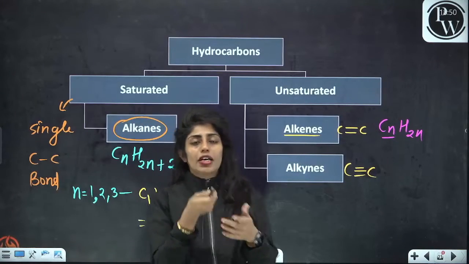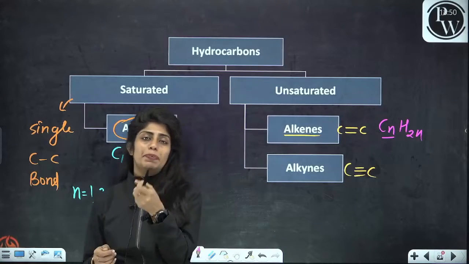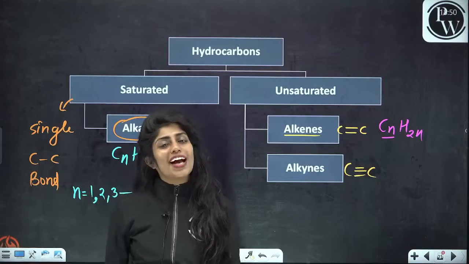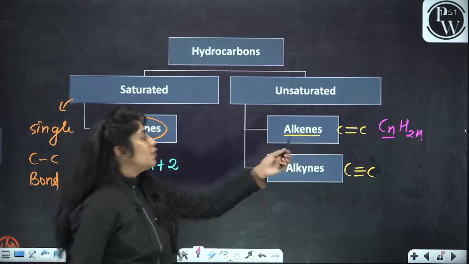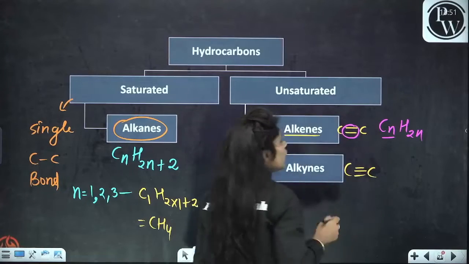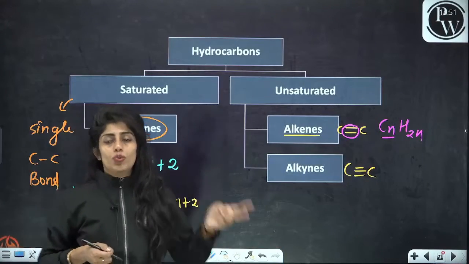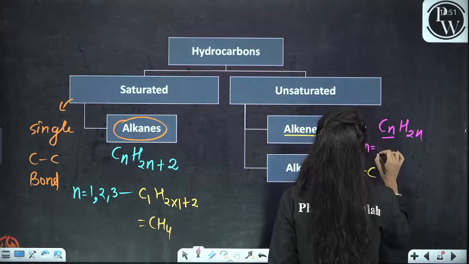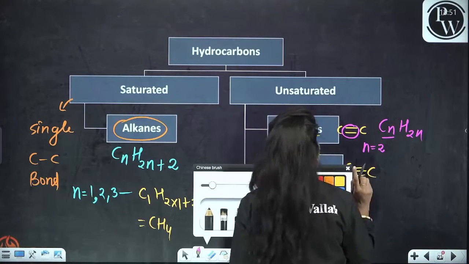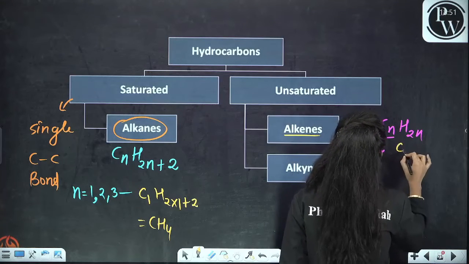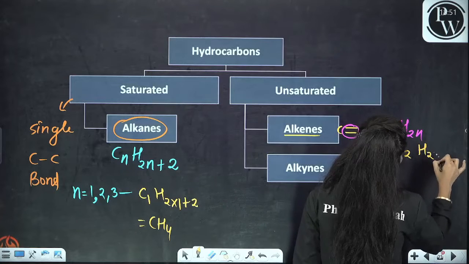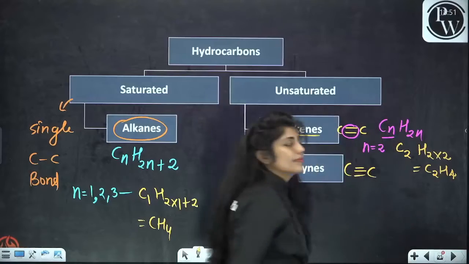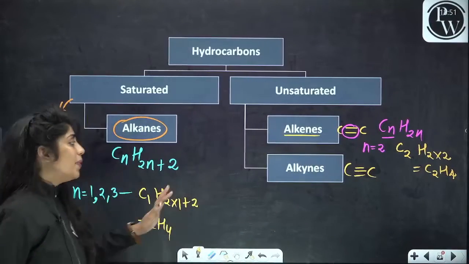Because if you are holding this pen with me, one hand is required from my side and the other hand from your side. Similarly, in order to carry this double bond, we require at least 2 carbons, right? So the minimum n value is 2, and the maximum can be any number. So C2H2 into 2, which is C2H4. We will also name them later, but right now it's okay.